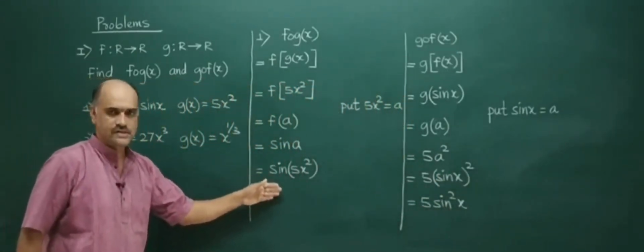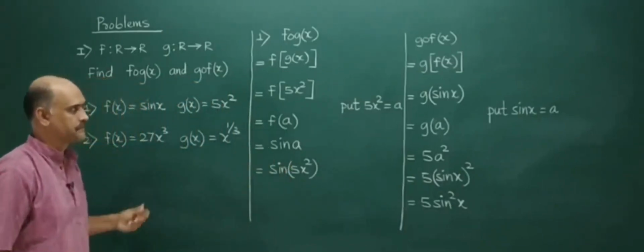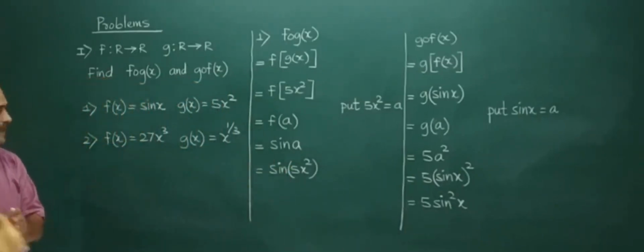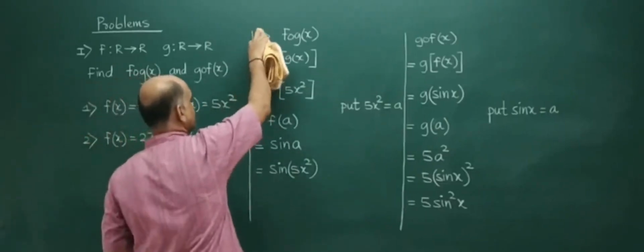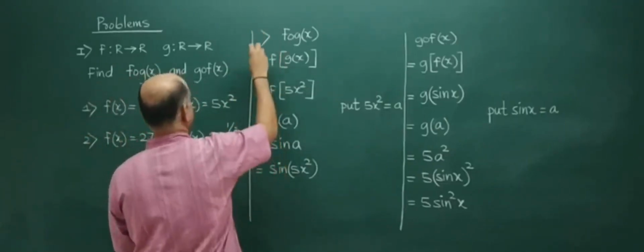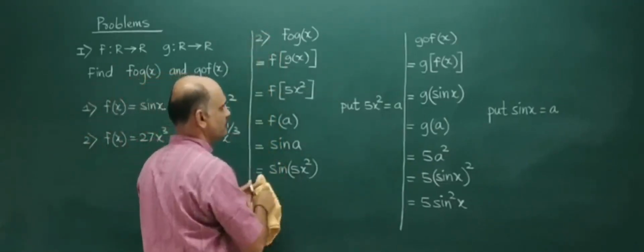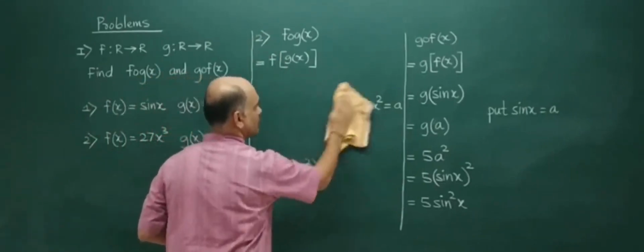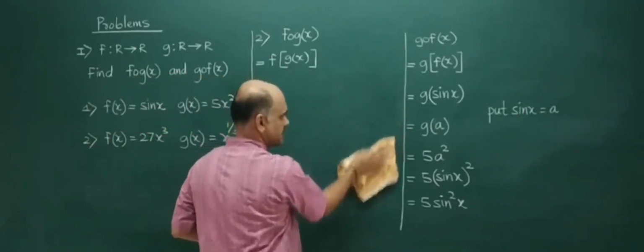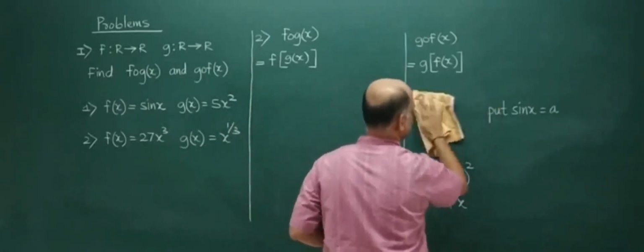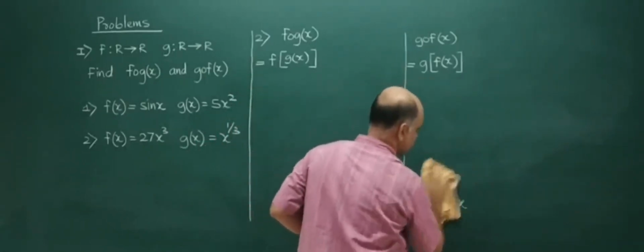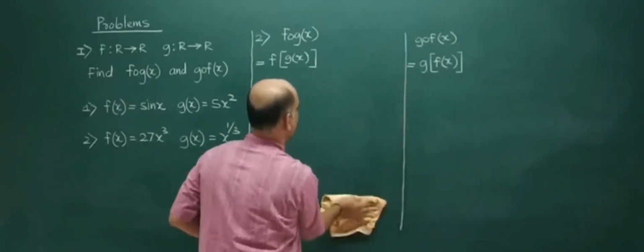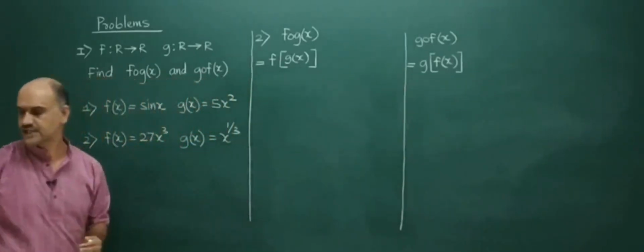So you can pause and note down the steps. Now I will go for the second one. Second, you are required to find f of g of x and g of f of x. So the same technique I will be using, and along with me you too can solve, students. So first f of g of x.